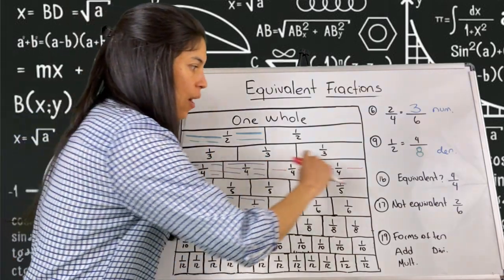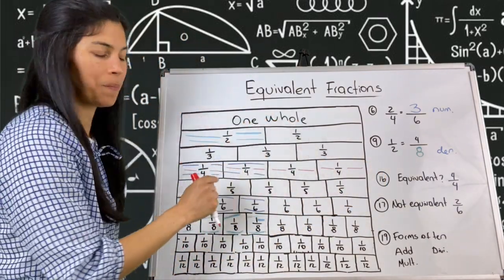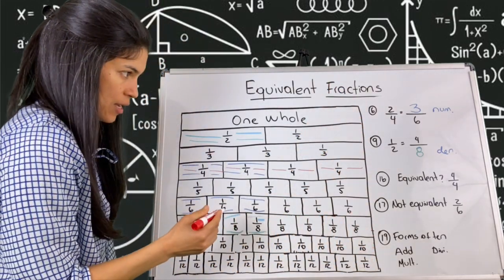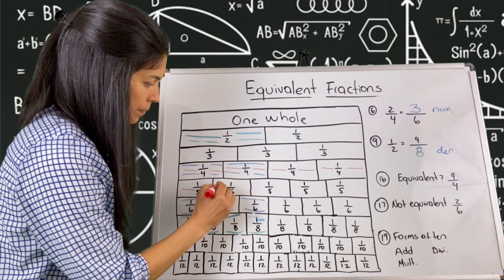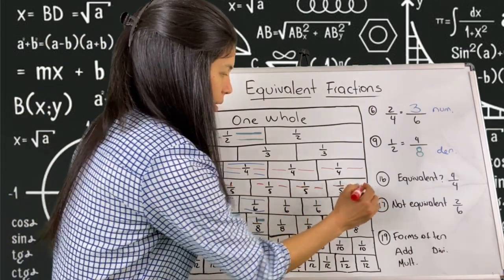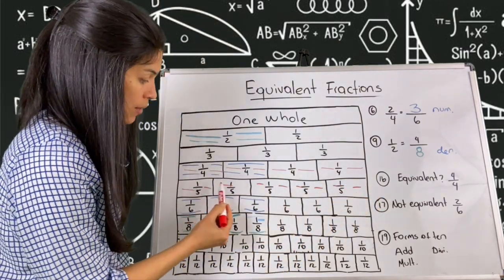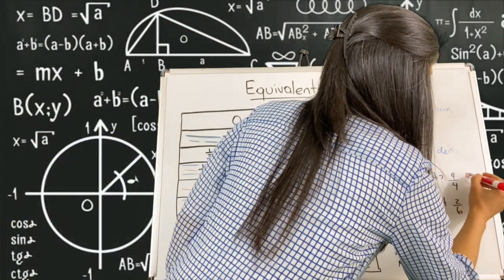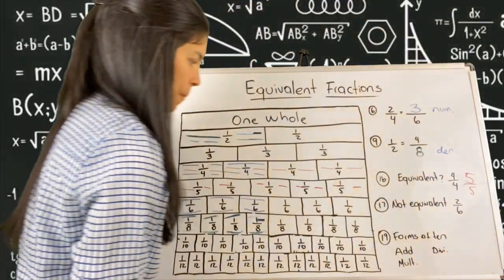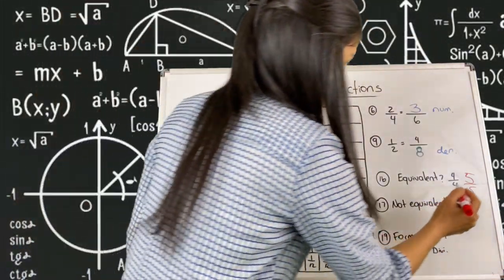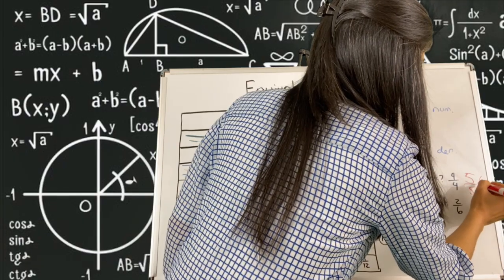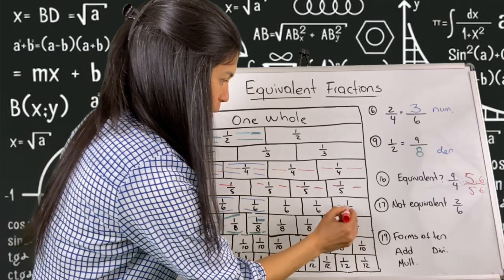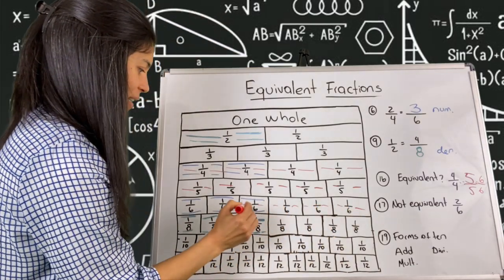What other of these could be equivalent to that? See, I have taken the whole thing. So an equivalent fraction will be any one that finishes over here. It could be this. If I take all of this, that will be 1, 2, 3, 4, 5, 5ths. So 5 out of 5 is equivalent, or 6 over 6 is equivalent, or 8 over 8 is equivalent.